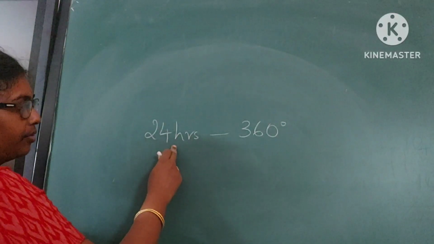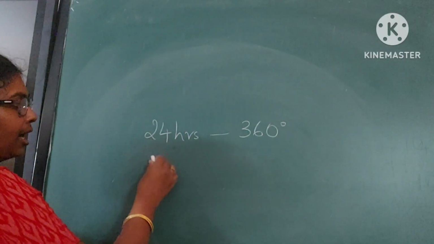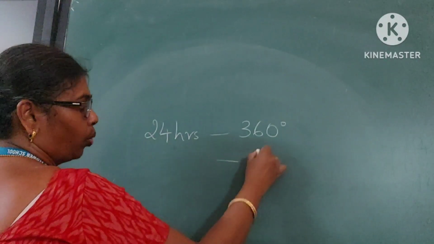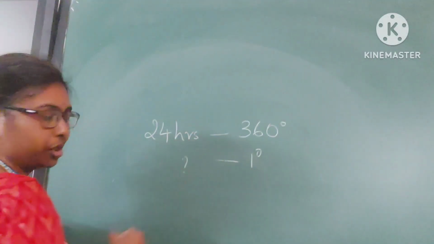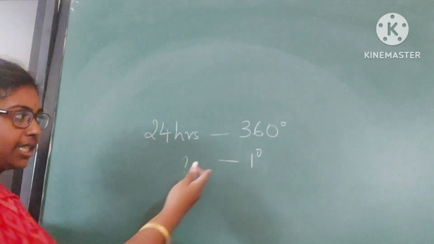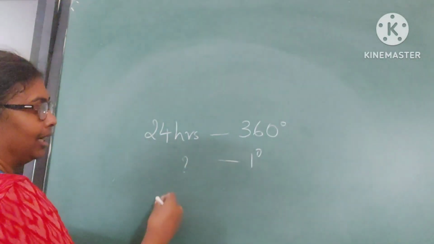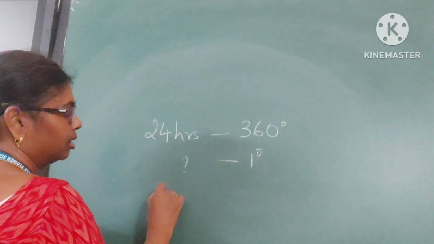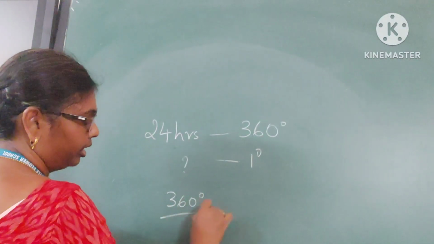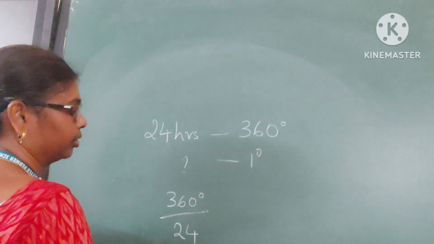So for 1 degree, how much? Just a unitary method calculation. 360 divided by 24.